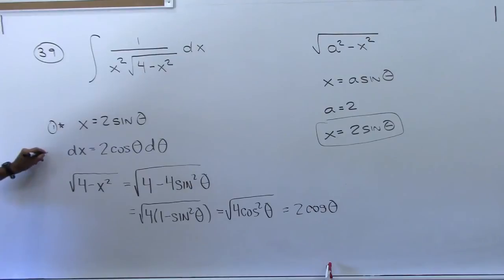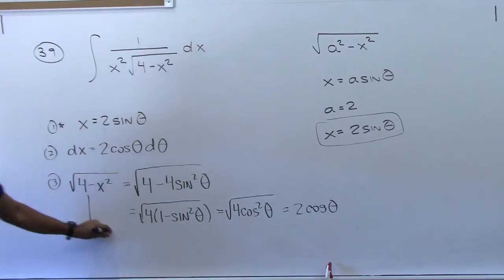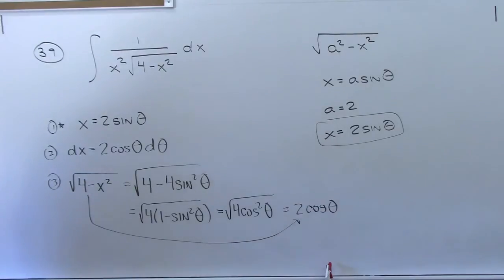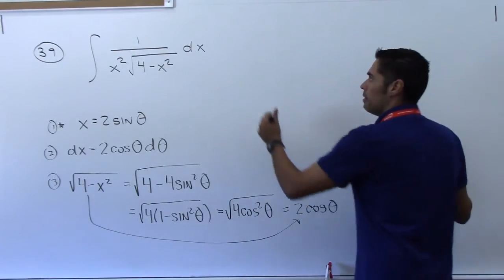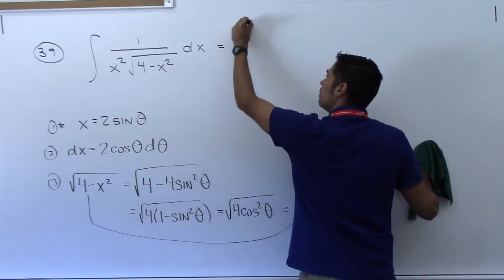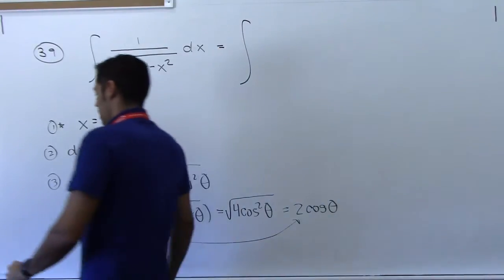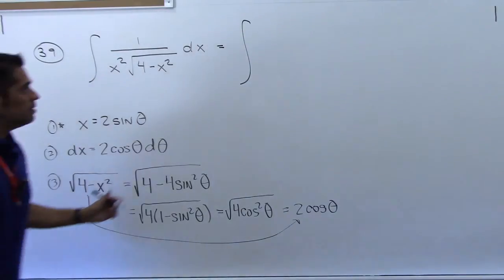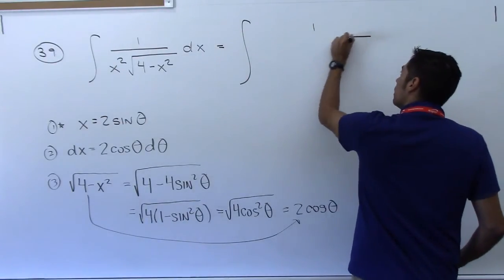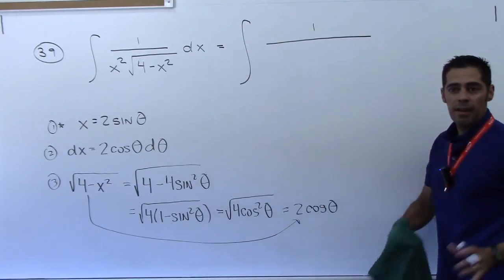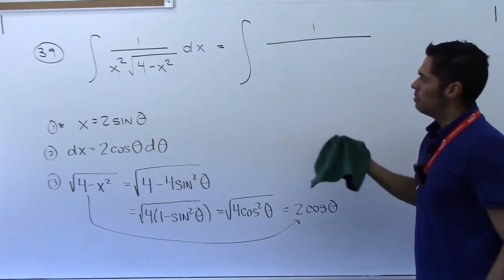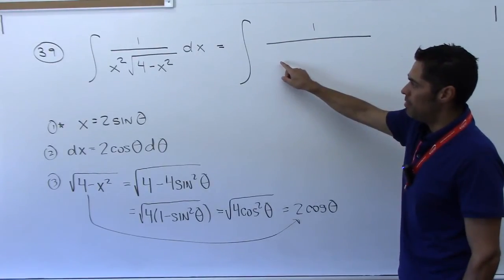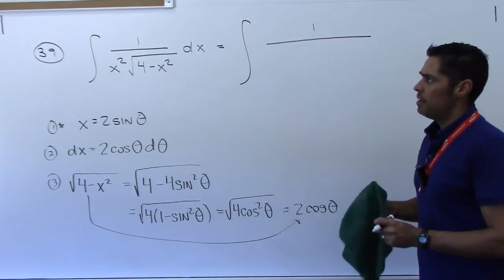And so these are the 3 things. I think I numbered them in class: 1, 2, and then 3. This equals this. And then you just rewrite the whole problem. So let's go ahead and rewrite it. Any questions? All right. Integral. 1 over the x squared, which is actually going to be 2 sine theta, but then squared.